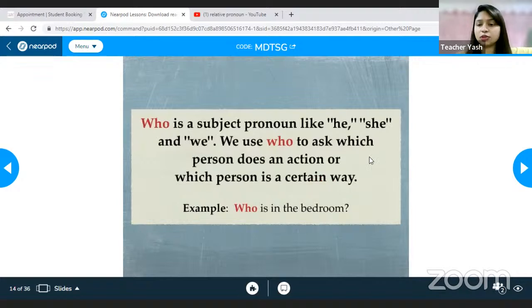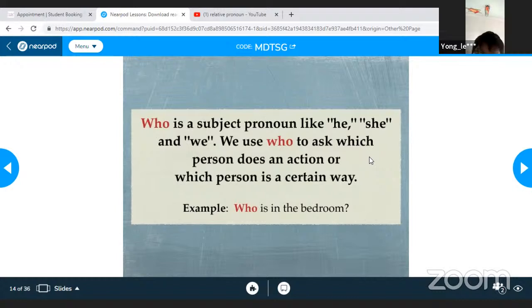Okay, now let's learn about who. Yongla, read this. Who is a subject pronoun like he, she, and we. We use who to ask which person does an action or which person is a certain way. Example, who is in the background?